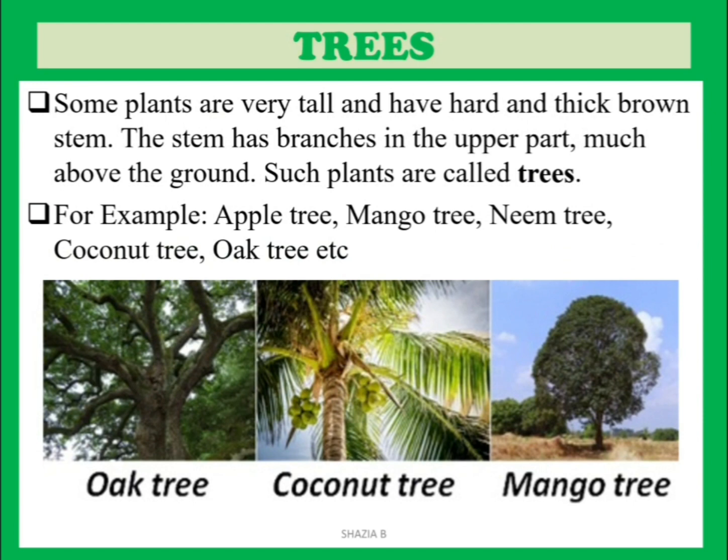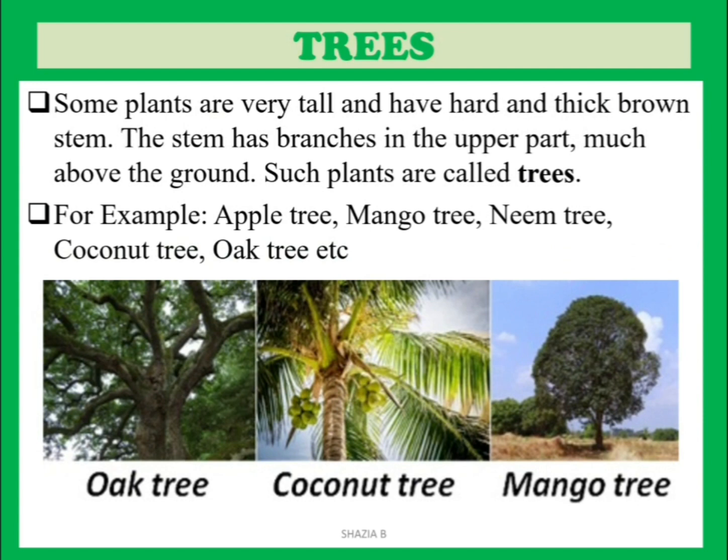Branches are many and are towards the upper part of the stem. Compared to shrubs, which have branches at the base, trees usually have branches at the top, upper part.